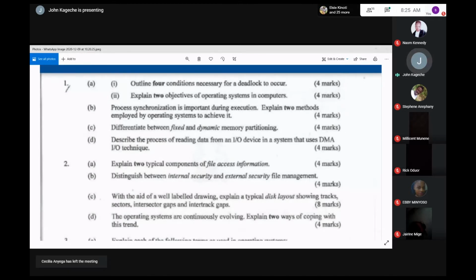The next question, describe the process of reading data from an I/O device. What is the process? The process of reading data from an input-output device in a system that uses DMA, direct memory access.